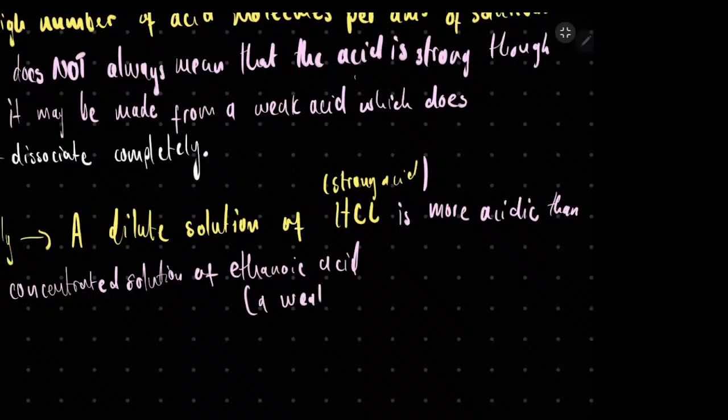So, which one? Although the best case scenario, if you want a lot of acid, if you want acidity, would be to take a strong acid and make it concentrated. Oh, you now have a very acidic solution. But in the event that you don't, you would rather take a strong acid and make a dilute solution.